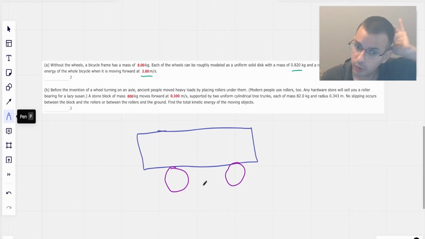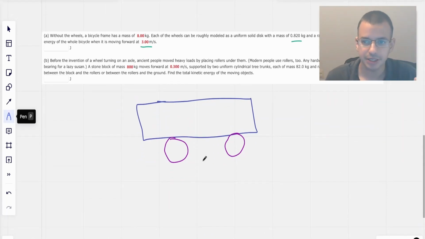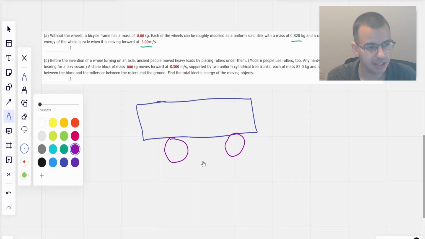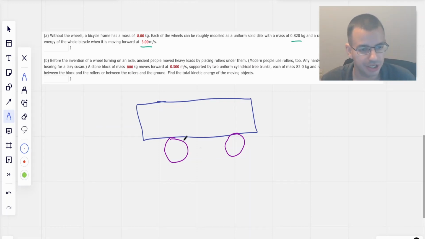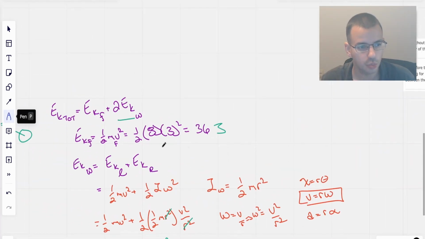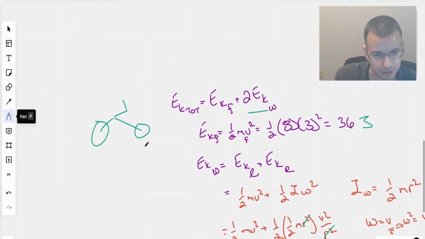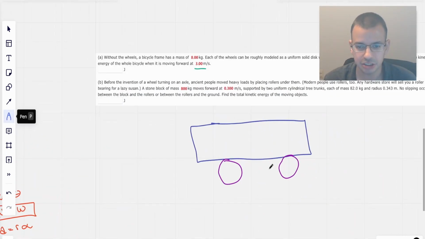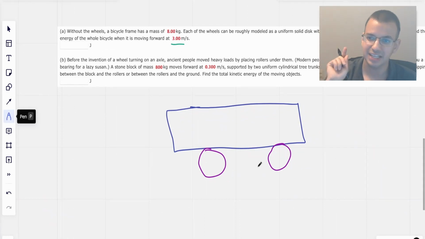Yes. So the key concept here is with a bicycle, the bicycle is attached to the wheels at the center, where the slab is attached more or less to the tree trunks at the top.